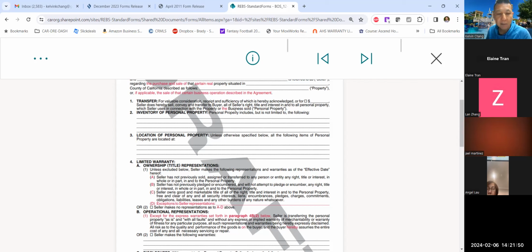And let's say it's an iPad and the iPad controls their window blinds and it controls their lighting. So if you're going to transfer that personal property to a buyer, it's nice to put a bill of sale together and you can specify what the inventory is, like one iPad, one art piece, 4 tables, 1 chair.